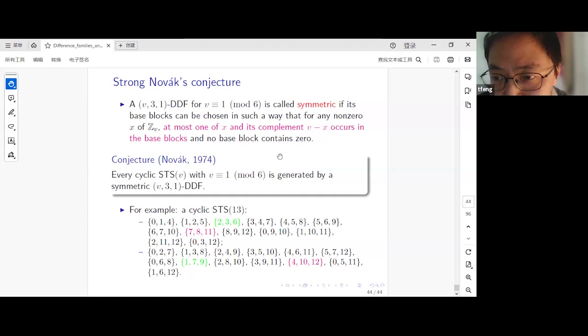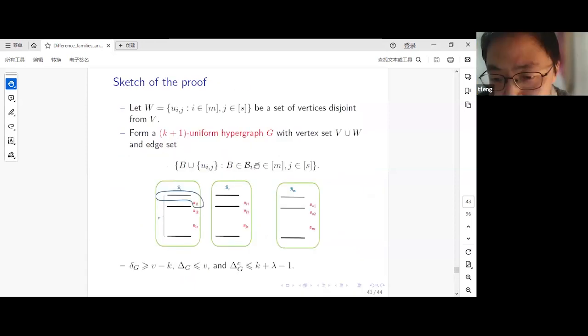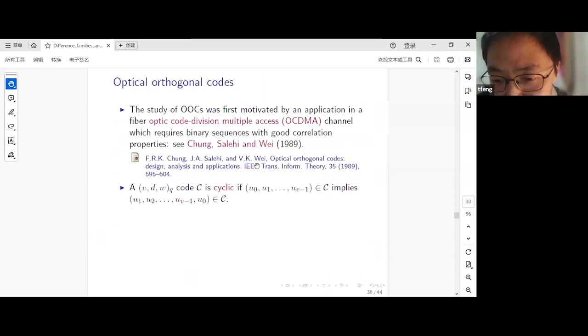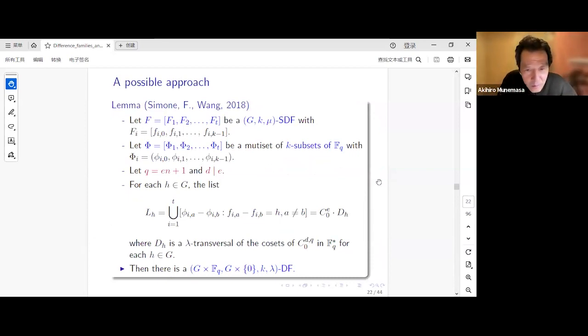Okay, thanks. I have two more questions. Can you go to page 22? The conclusion of this lemma is written at the bottom.